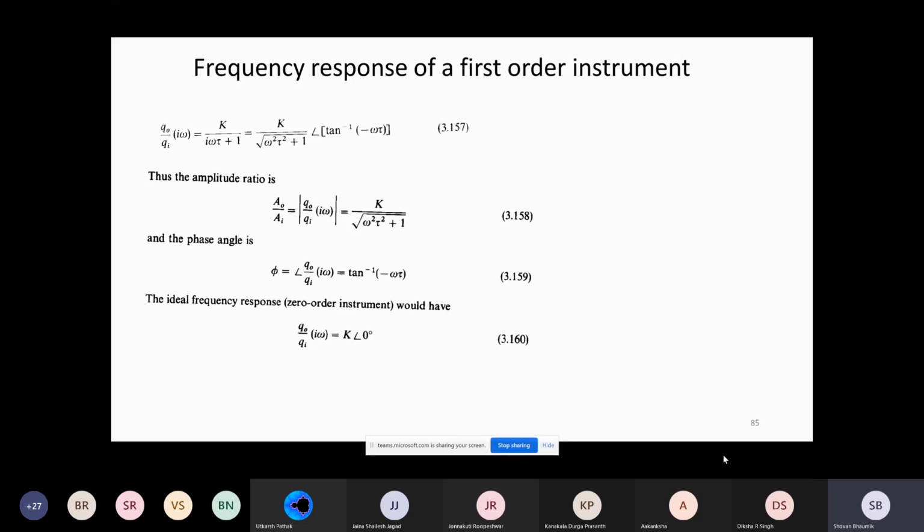So if you know the signal you are giving, you can decompose it with the Fourier series. You will get a series of sinusoids coming into the system, and for each sinusoid you know the output, and you sum all the outputs and say, okay, this will be the output. This is the reason the frequency response is very important.